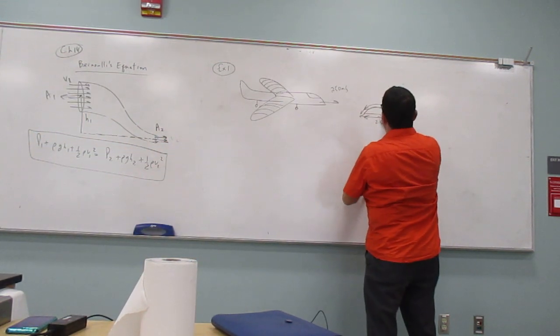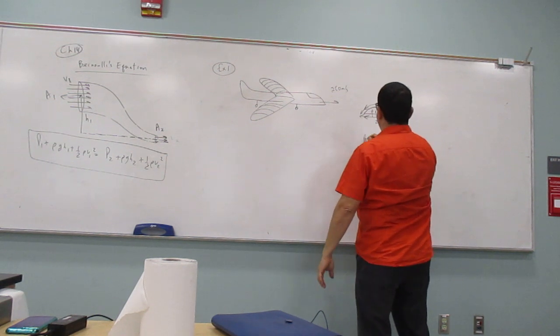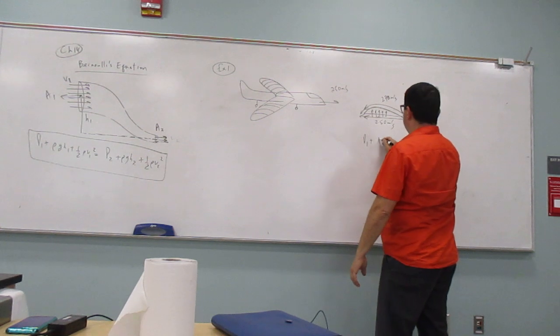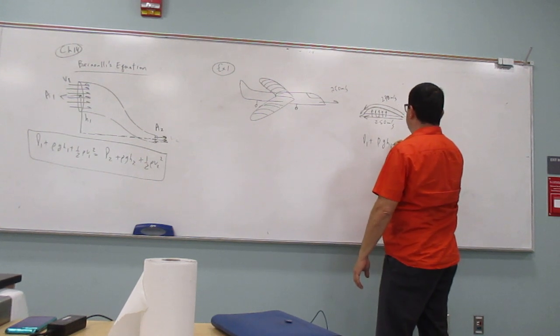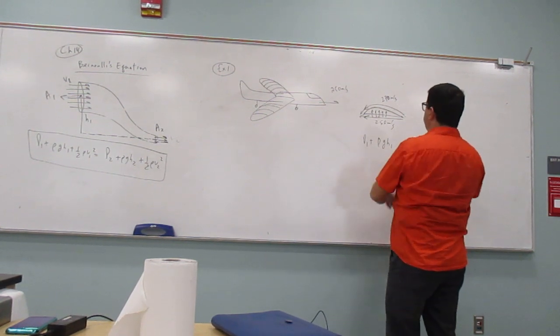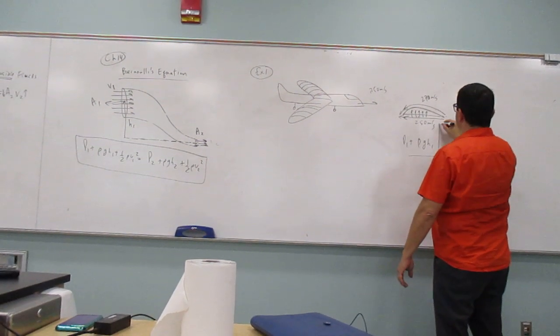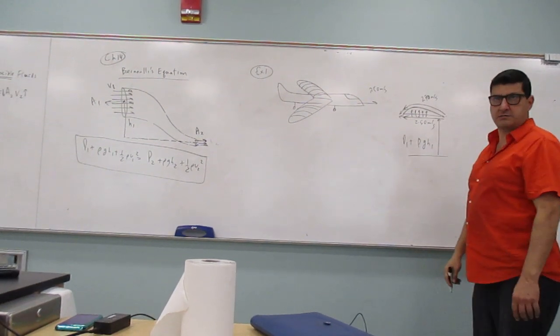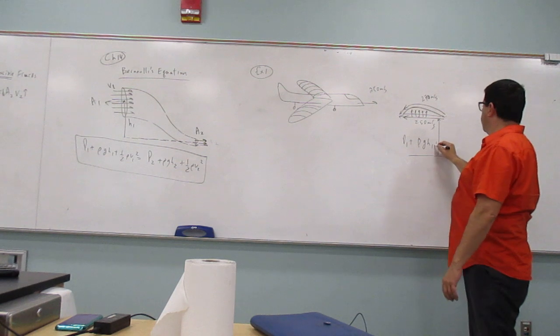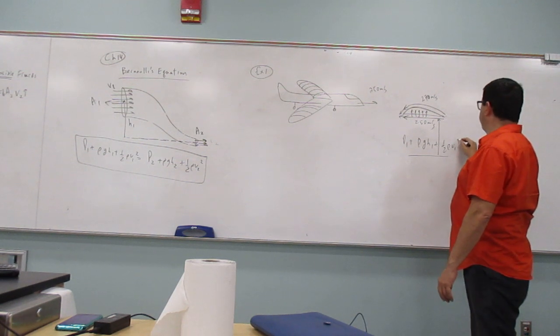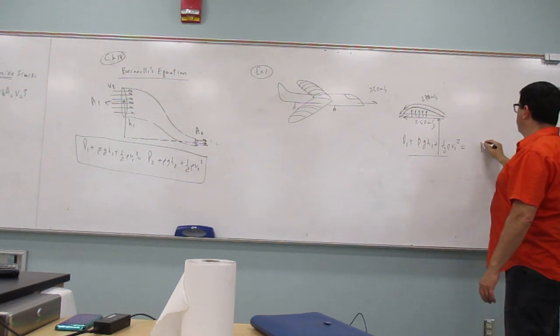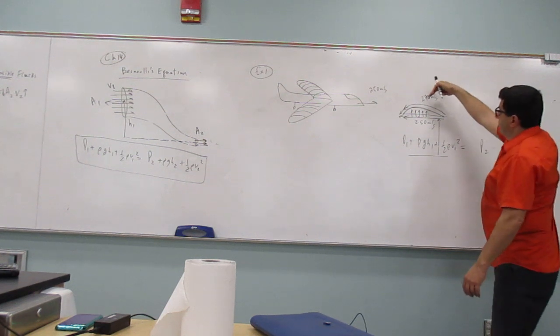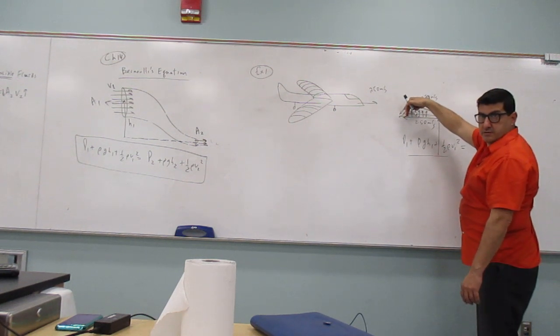We can say this gas is pushing up on the plane's wings. So P1 plus density times g times h1, where h1 would be the height from the ground to the bottom of the wing, plus half density of air times v1 squared. P2 will be what? The pressure of the air pushing down from the top.